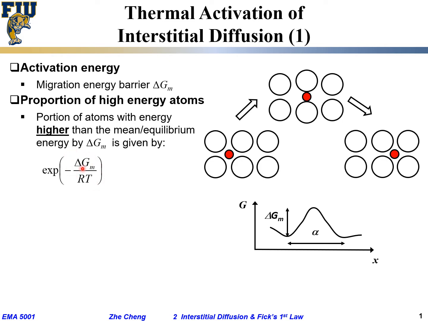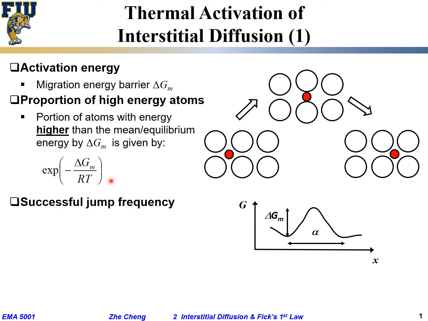Because the higher this delta G, the more positive this delta G, with this negative sign, my probability goes to 0. The larger the barrier, my probability goes to 0. But at the same time, if I fix this delta GM, the higher the temperature, the smaller this thing will be, the higher the probability, right?